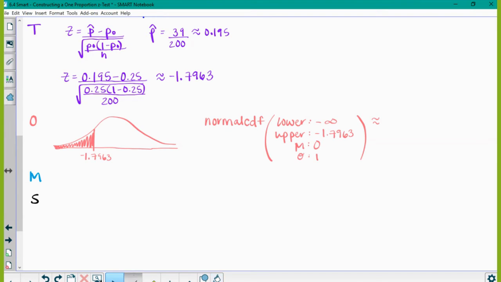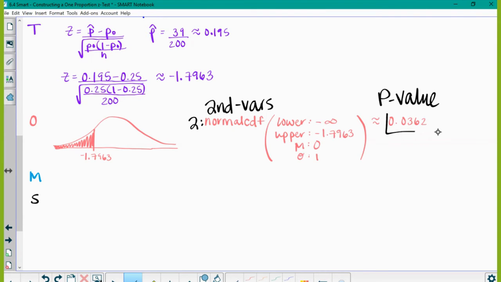If you forgot calculator steps for this, second, vars, this should be option number 2. Remember, for negative infinity, we actually put in negative 1e99. Once I plug all of this into my calculator, I get 0.0362. This is going to be my p-value. This is the value if my null were true.